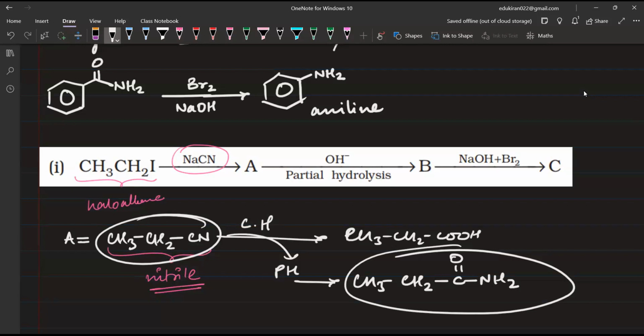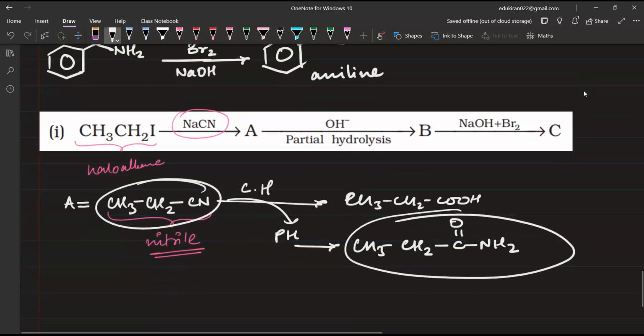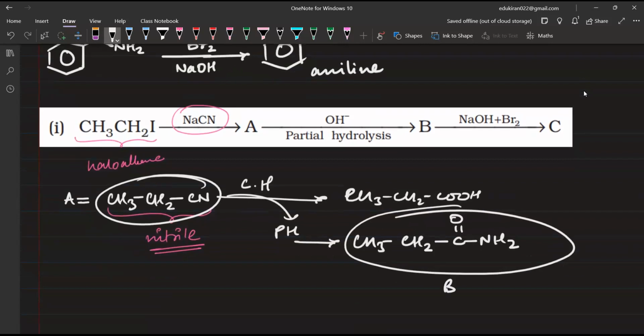Fine. Now once we have identified B, this is B because we are having partial hydrolysis. Then they are showing NaOH and Br2, which we have just seen is Hofmann bromamide degradation. We will be getting CH3CH2, and this carbonyl will be going away and you will get NH2.